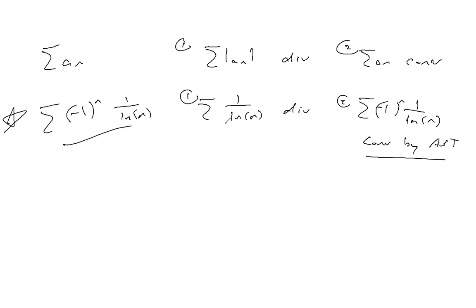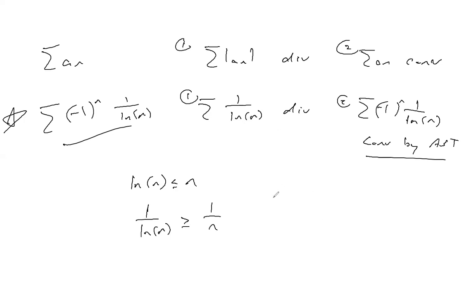How can I show that this 1 over ln of n is divergent? That's a bit trickier, but we could do the comparison test, right? ln of n is less than or equal to n. So 1 over ln of n is greater than or equal to 1 over n.